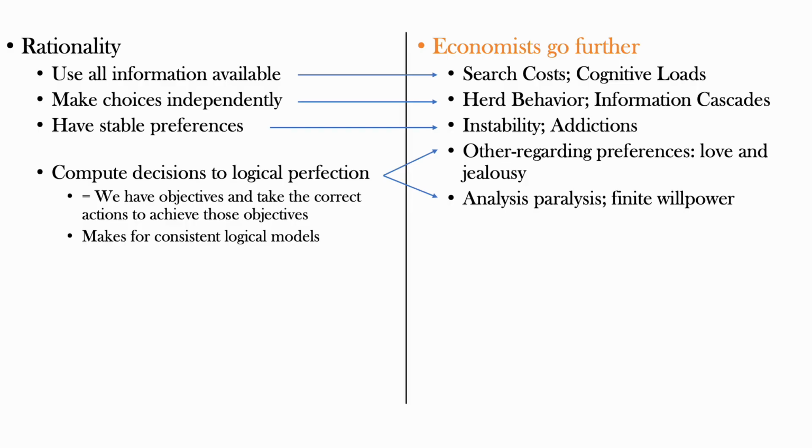Similarly to a muscle, where if you're in the gym and you're working out consistently over time, that muscle will grow. But if you've used it quite heavily today, it will have tired. If the choices you make depend on that sort of willpower, then that seems to go against the idea of stable preferences.